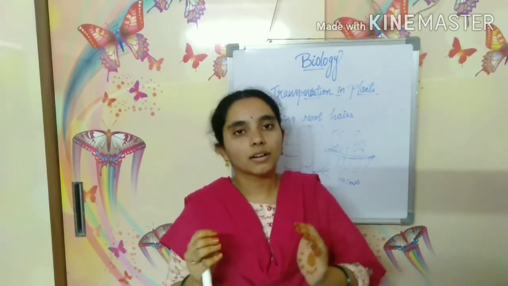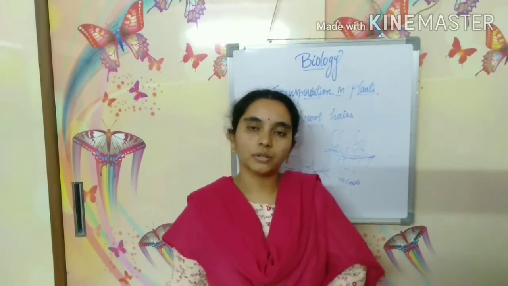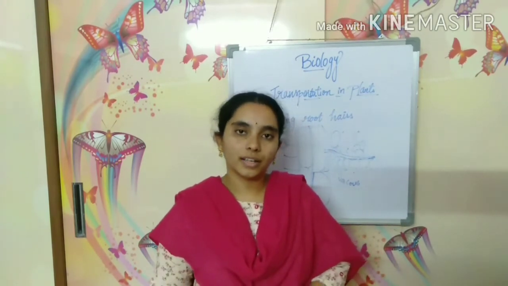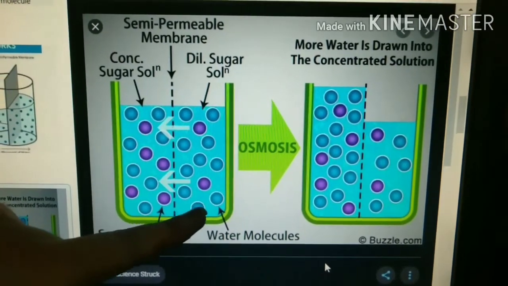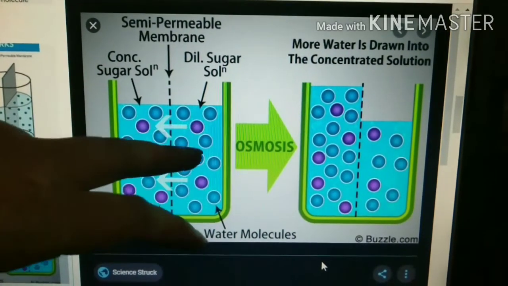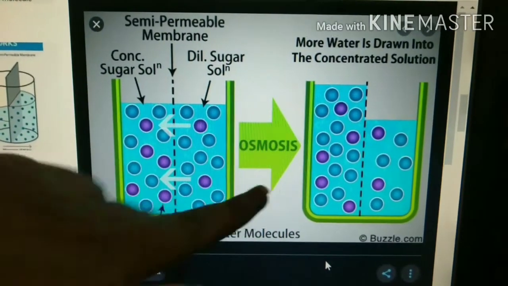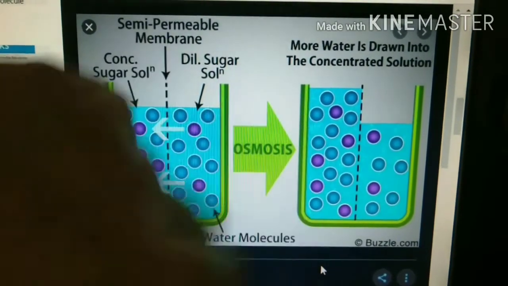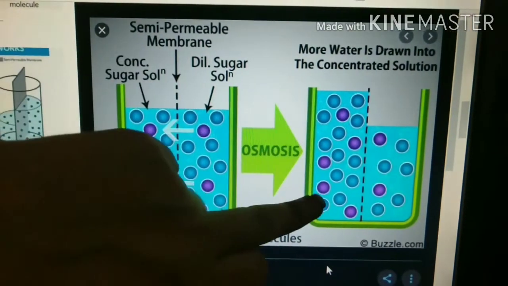So solvent particles move from a low concentrated area to a more concentrated area. In osmosis, the movement of water is from the low concentration area to the high concentration area. If you see here, after osmosis, on the more concentrated side the water level is increased.